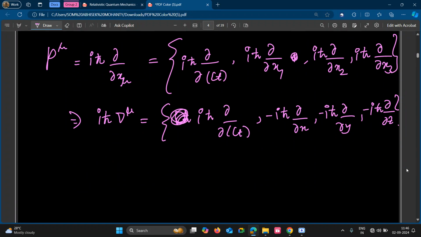So I will take the i h cut out. We have done it so many times now. The minus, this one plus is minus, no problem. Minus del by del x.